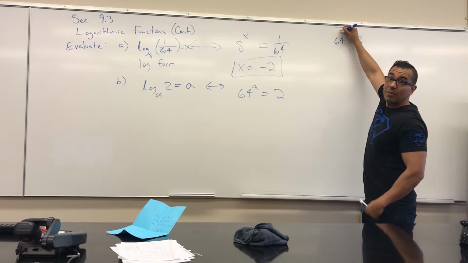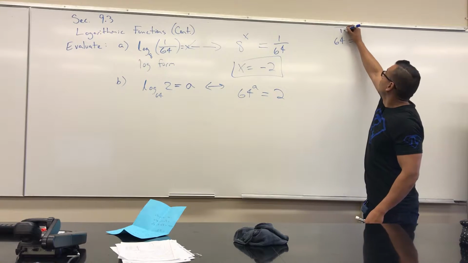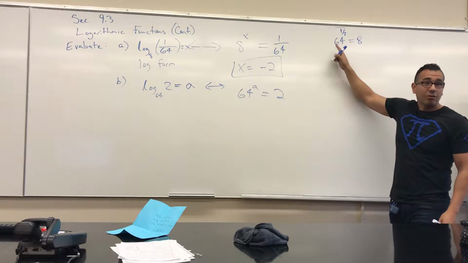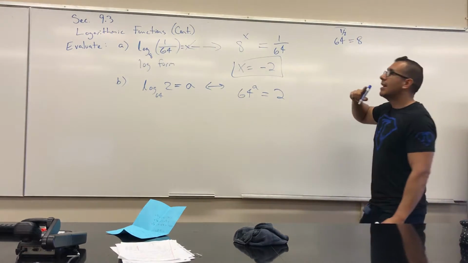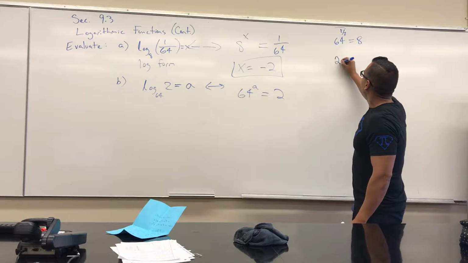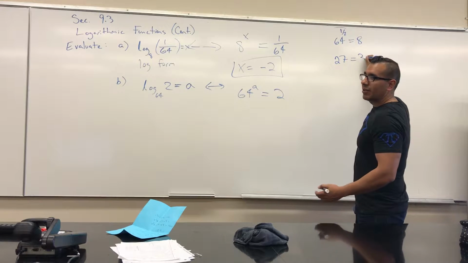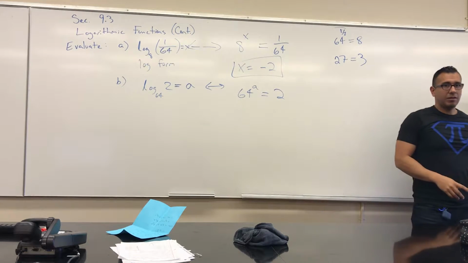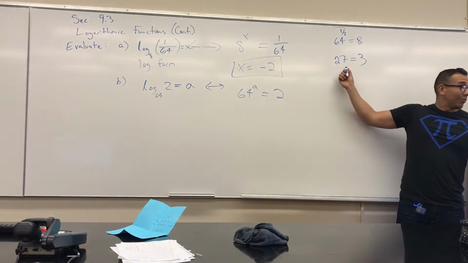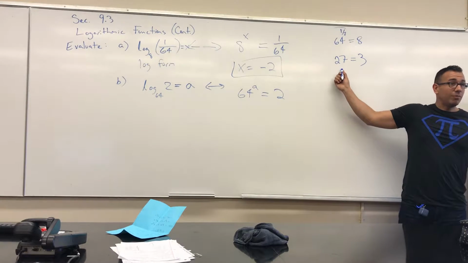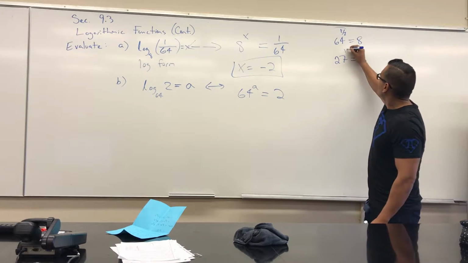Not 2, that would make it bigger. 1 over 2. That's how I go from here to here. Let's say I have 27 and I want to get 3 as my answer. 1 over 3, because isn't that the cube root? So it would be 1 over 3.